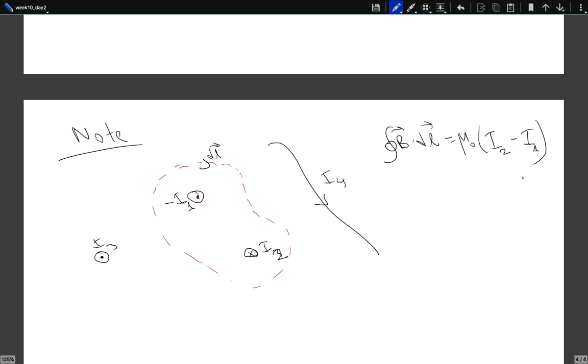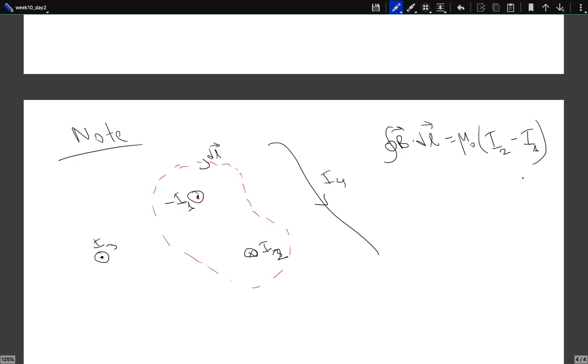Just like over here, I3 and I4 do contribute to the magnetic field along this loop. But when we sum them all up, the contributions of I3 and I4 cancel, and the integral only depends on the currents inside the loop, that is I1 and I2.